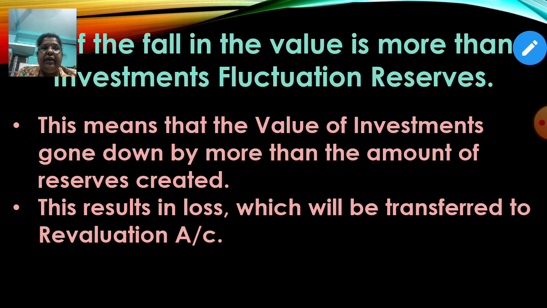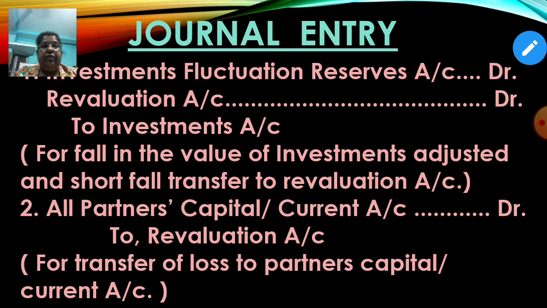Okay. And the third case, if the fall in the value, again let me repeat, the difference between the book value and the market value, is more than the amount of reserve that I have created, which means the part of the profit that I have kept aside will fall less, that means it will result in loss, and this loss will be transferred to revaluation account. And the required journal entry will be, there will be two journal entries.